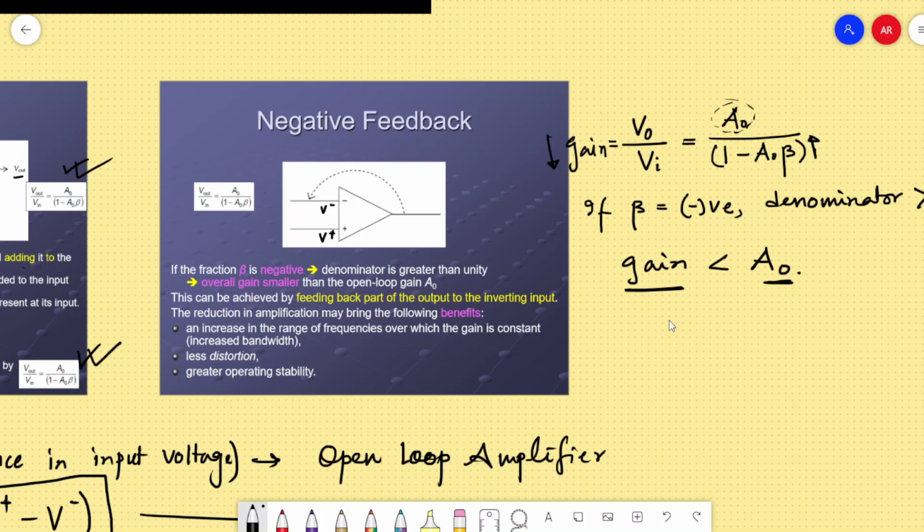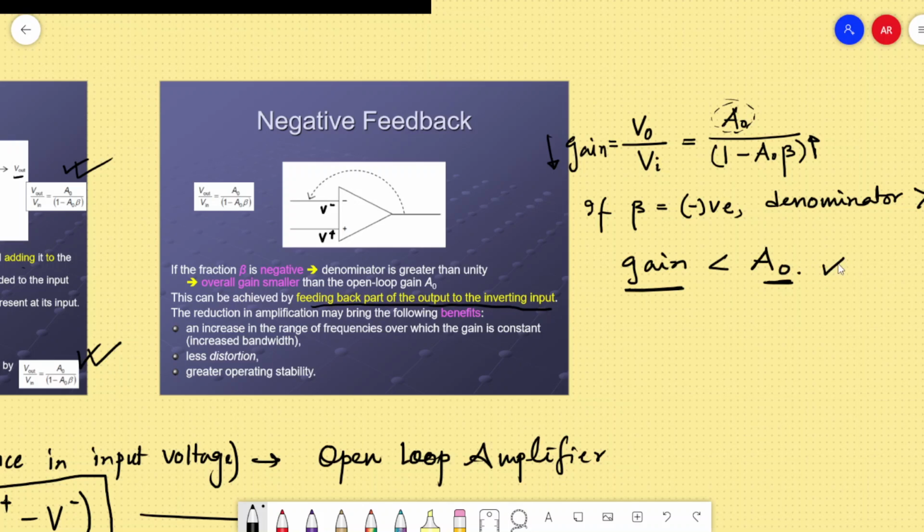We are achieving this by feeding back part of the output to the inverting input. This is how we achieve the gain to be smaller than the open loop voltage gain.